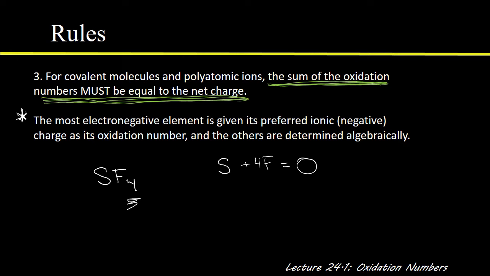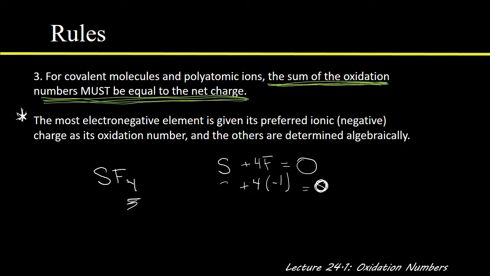In fact, fluorine is the most electronegative element in the table. So fluorine is going to get the charge that it wants. And when fluorine is an anion, it has a charge of -1. So we're going to give fluorine its preferred charge of -1. And that's still equal to 0.